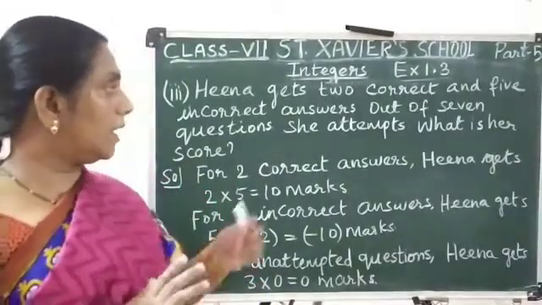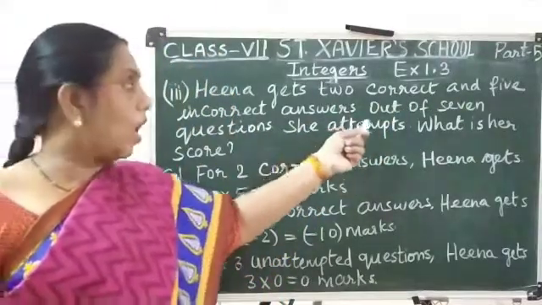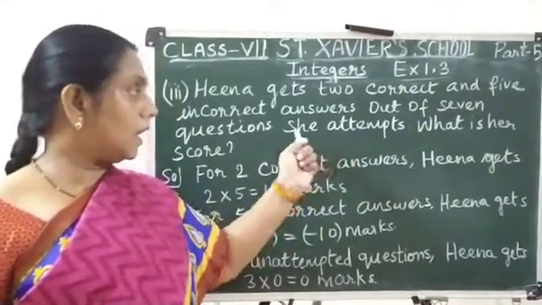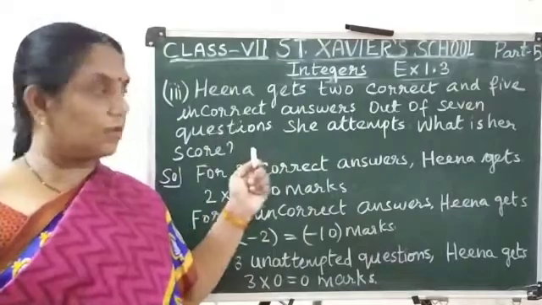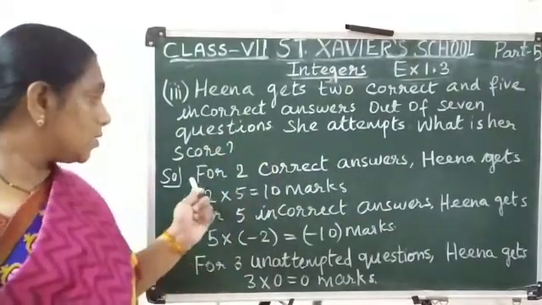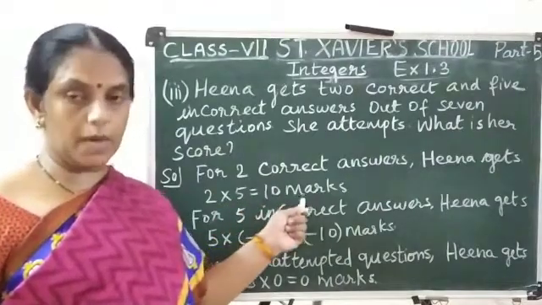Third one, Hina gets 2 correct and 5 incorrect answers out of 7 questions she attempts. What is her score? That is, total 7 questions, she got 2 correct answers and 5 incorrect answers. So for 2 correct answers, Hina gets 2 into 5 equal to 10 marks.